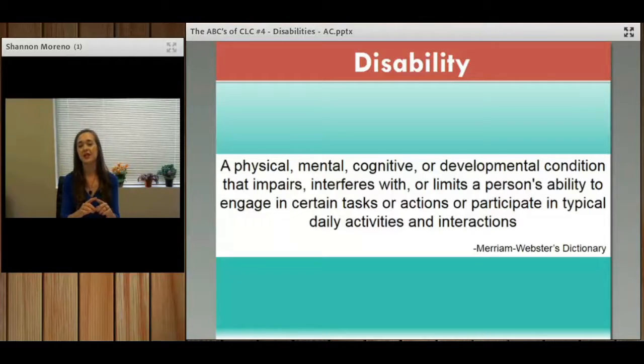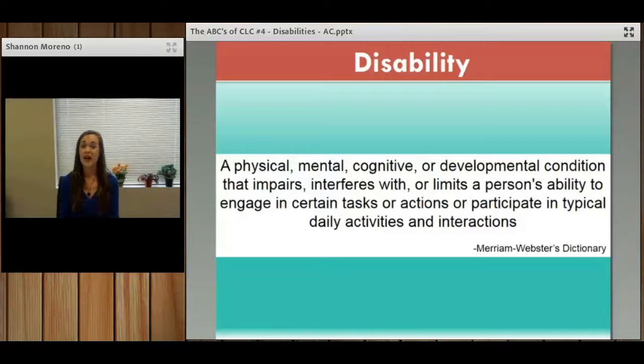The issue is with the way that society is structuring things in a way that is excluding the functions of that body or of that mind, if we're talking about different intellectual or cognitive disabilities, okay? Now, different folks are going to look at disability in different ways.